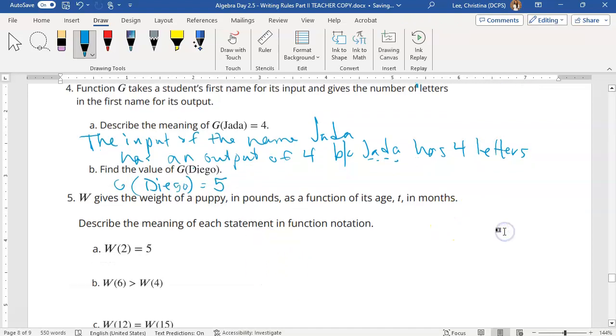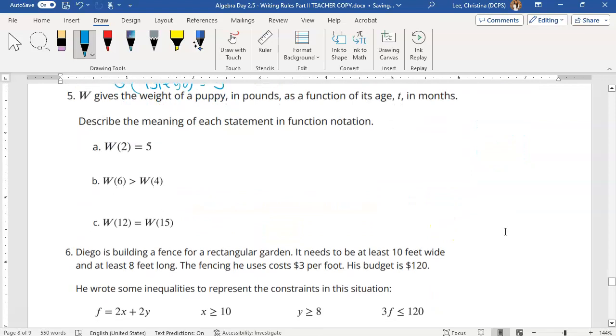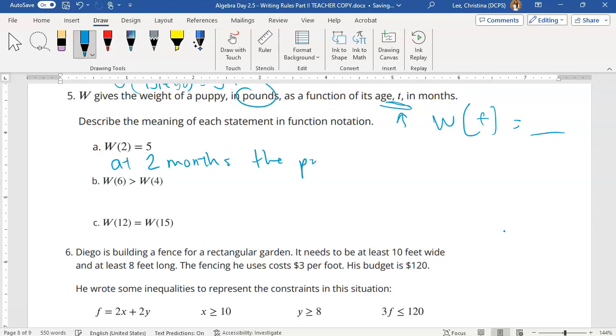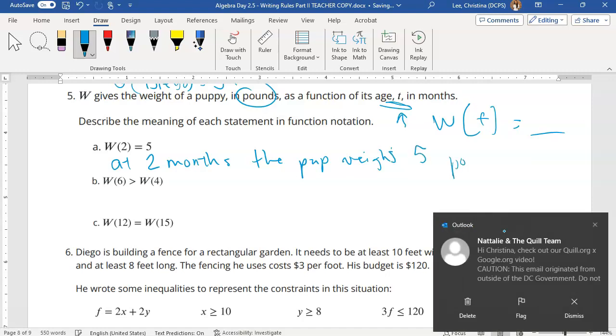All right, number 5 says W gives the weight of a puppy in pounds as a function of its age T in months. So T is the input. So we'll have W of T equals some weight. Determine the meaning of each statement in function notation. So at 2 months, and we're in pounds, the puppy weighs 5 pounds.